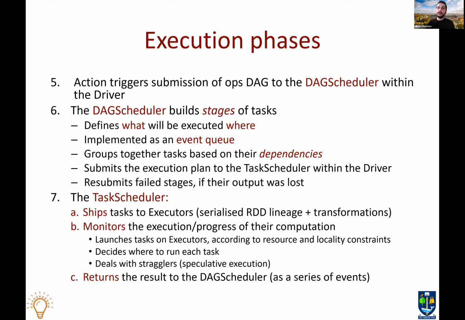And this is the part that is responsible for sending tasks to executors. Okay. So what this needs to do is it takes the lineage of an RDD. You have this sequence of operations. You say, I want to read this file. Okay, let's focus on one split of the file. I want to read this split of this file. And for everything in this split, I want to apply this map and this filter operation.